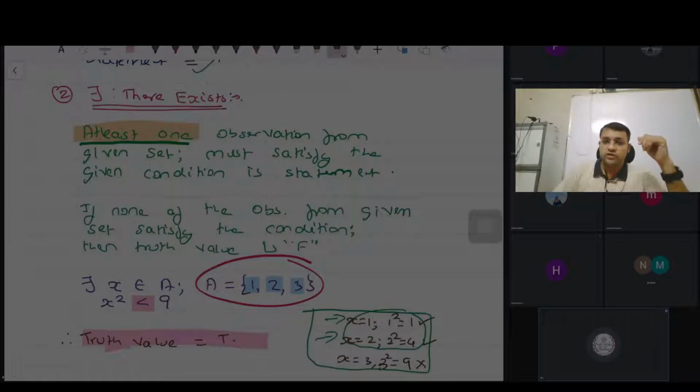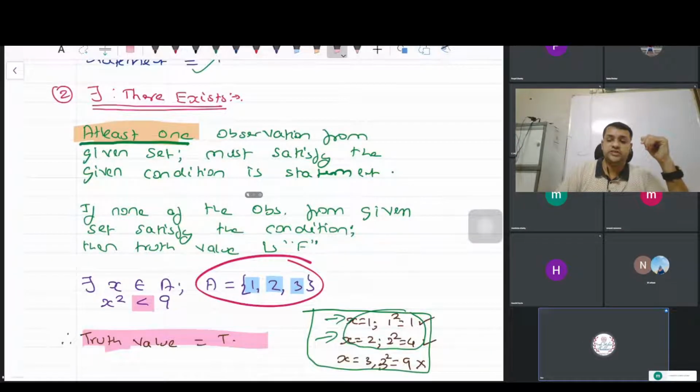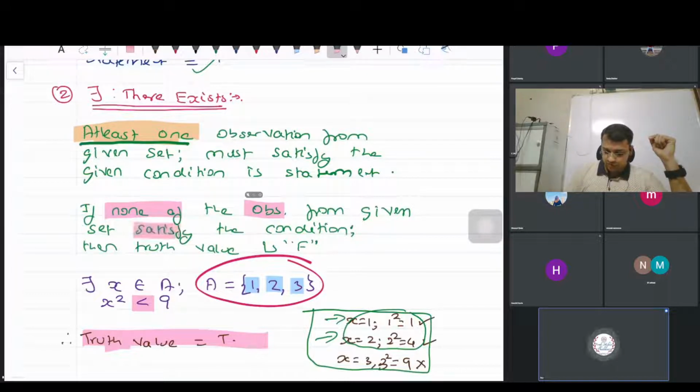But if none of the observations satisfy this condition, only in that case is the truth value going to be false. Can you see this?